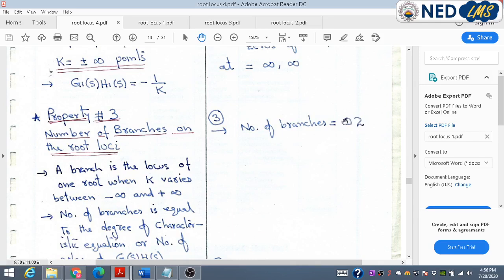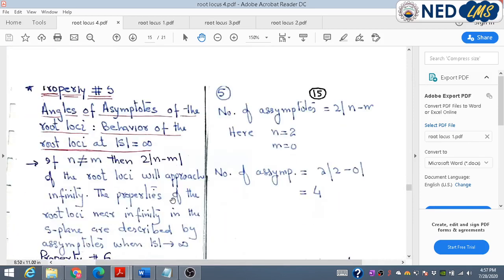Therefore, for these two branches, we should know their start points, that is, where these two negative infinity points are, and we also have to find out the two finishing ends of the branches, that is, the two positive infinity points where these two branches should end. So two minus infinity points and two positive infinity points: we have to find out a total of 4 asymptotes in our case.